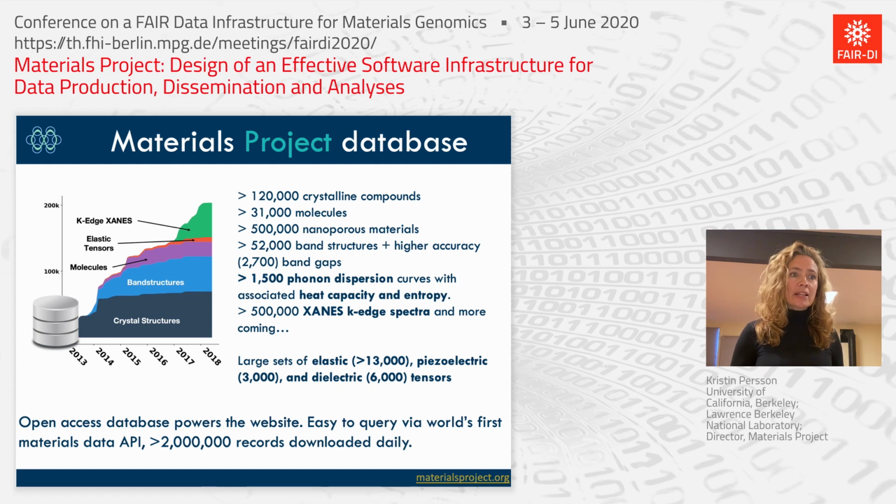I talked about the K-edge XANES spectra already. A large set of elastic, piezoelectric, and dielectric tensors. This data is very popular because it allows you to explore how these different properties correlate with structure, bonding, and chemistry in these materials. And we're seeing tremendous growth in the amount of data requested through our API, to the point where more than 2 million data requests per day, every day, is our current status.